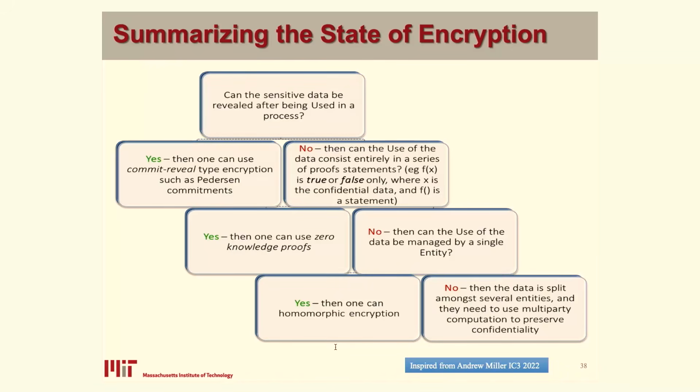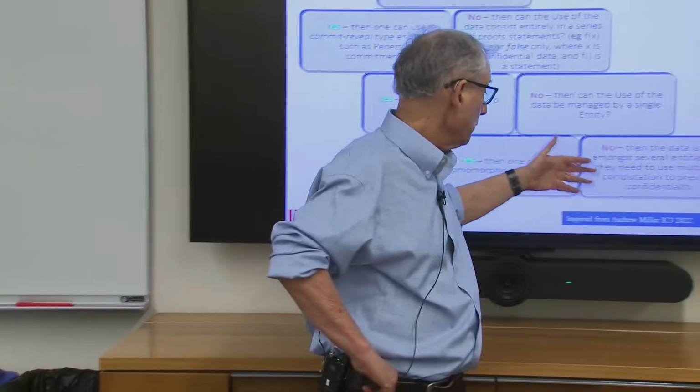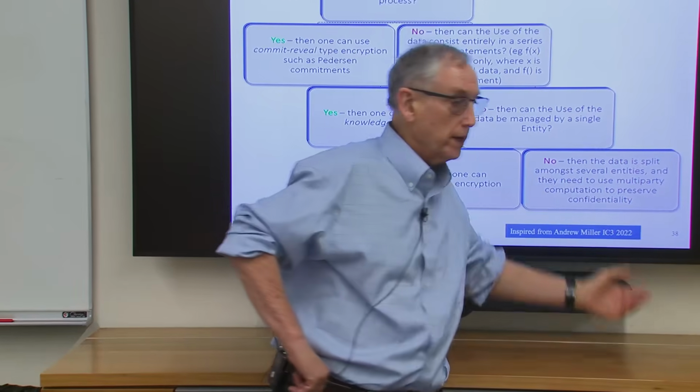So here you can see, depending on what you're trying to do and what the conditions of the application are, whether you can get by with Pedersen commitments or zero-knowledge proofs or homomorphic encryption or whether you need multiparty computation.